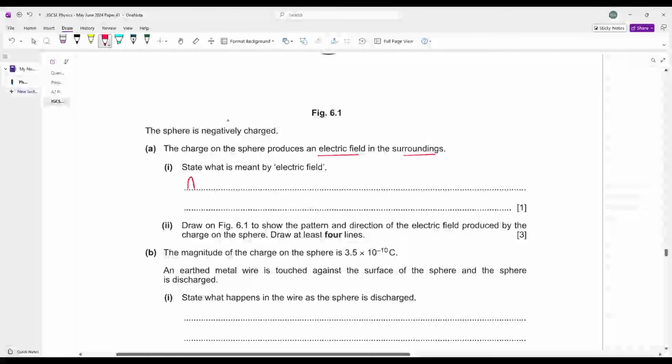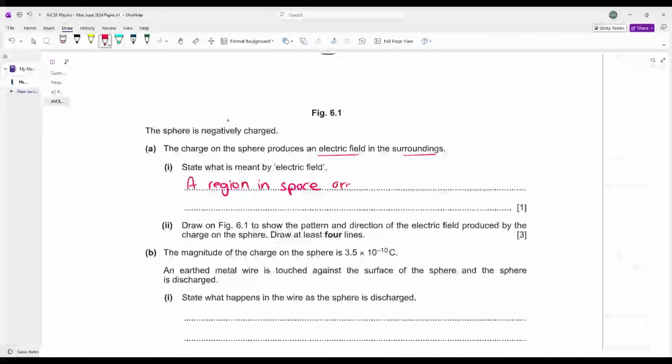You will say a region in a space around a charged particle where another charge experiences a force.